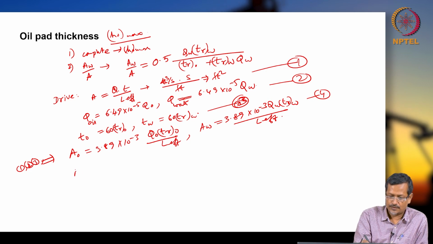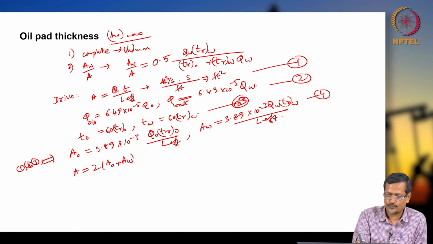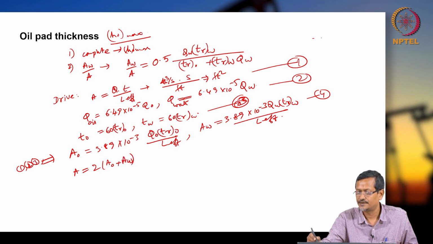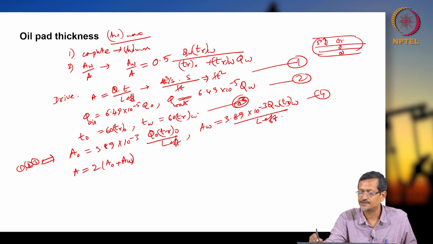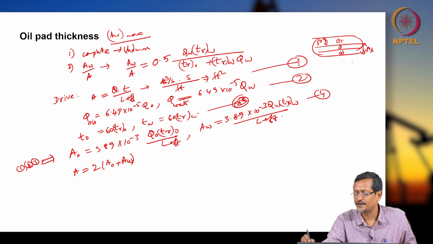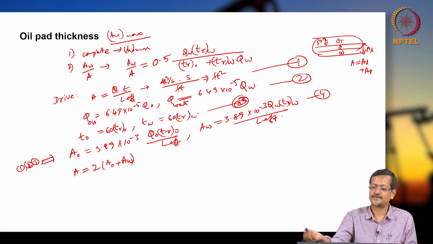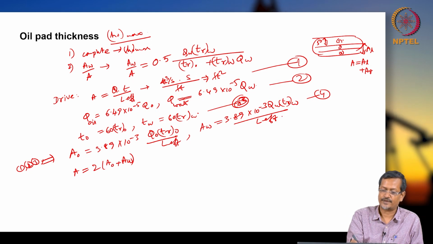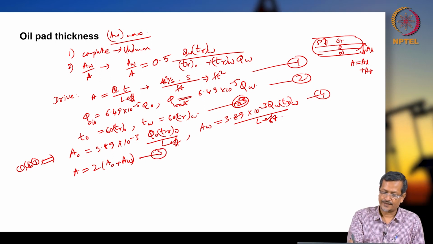Okay, now A total area equals 2 into A O plus A W, because 50% filling was there. Because 50% is water and oil, and 50% is gas. So whatever area you are getting, A total area equals A L plus A gas. But A L and A gas are equal, that's why it comes as 2 times A O plus A W, or A L. Okay, so I can write this is 5.